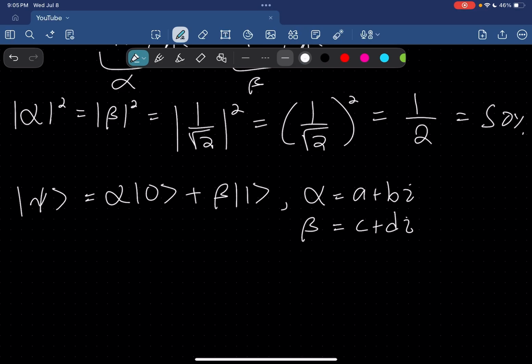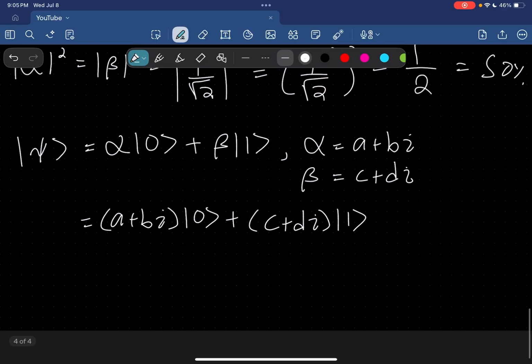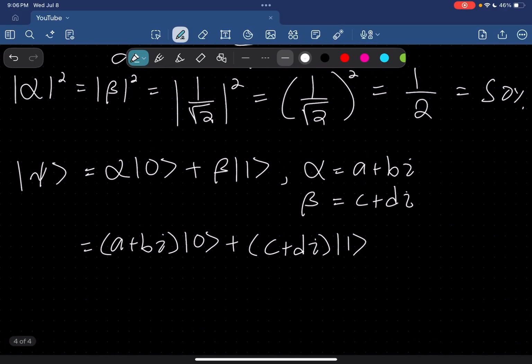Okay, so we're going to sub those back in now. So we have, and so notice, right, these are rectangular coordinates, right?